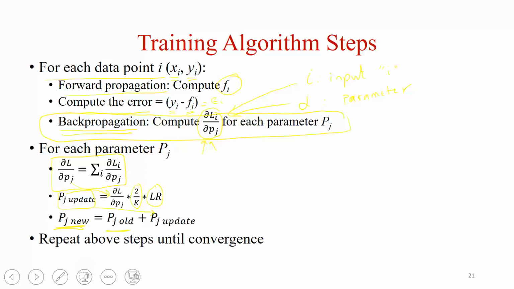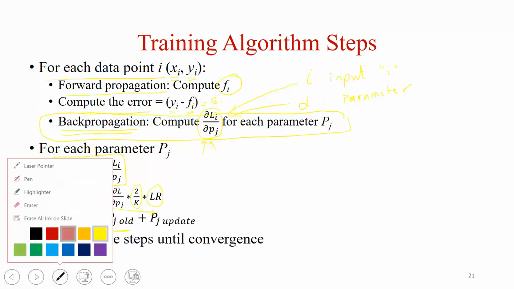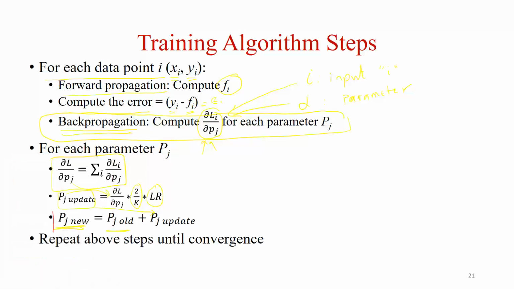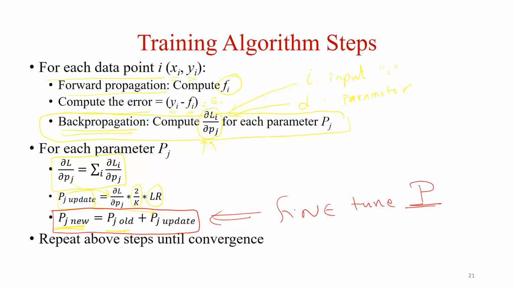I always want to remind ourselves that this is how I fine-tune the parameters. I need to compute the update, and to compute the update I need to compute delta L over delta Pj, where j is every parameter.